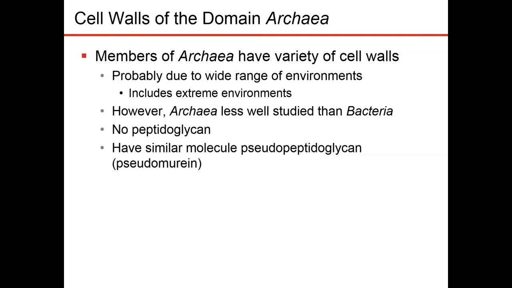But not all Archaeans have pseudomurein in their cell wall. Their cell walls tend to have other structures that allow them to survive in certain extreme environments, like extra salt transporters or temperature mechanisms within the cell wall that allow them to survive in more extreme environments.